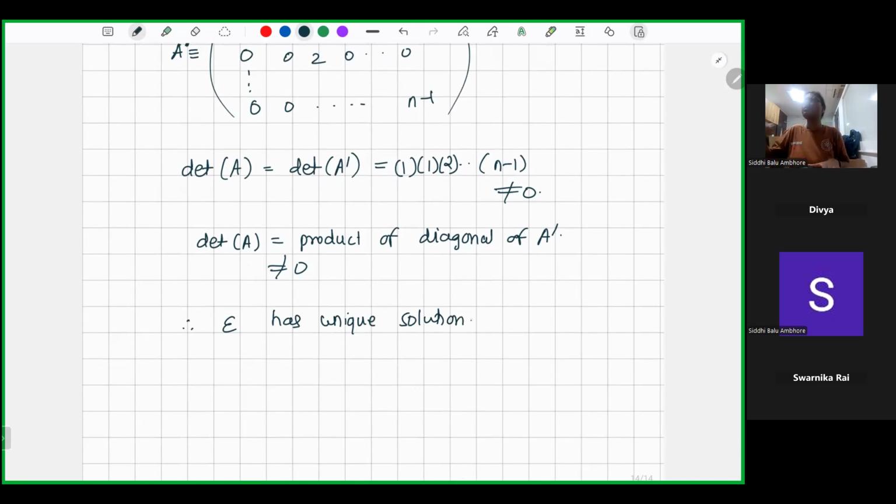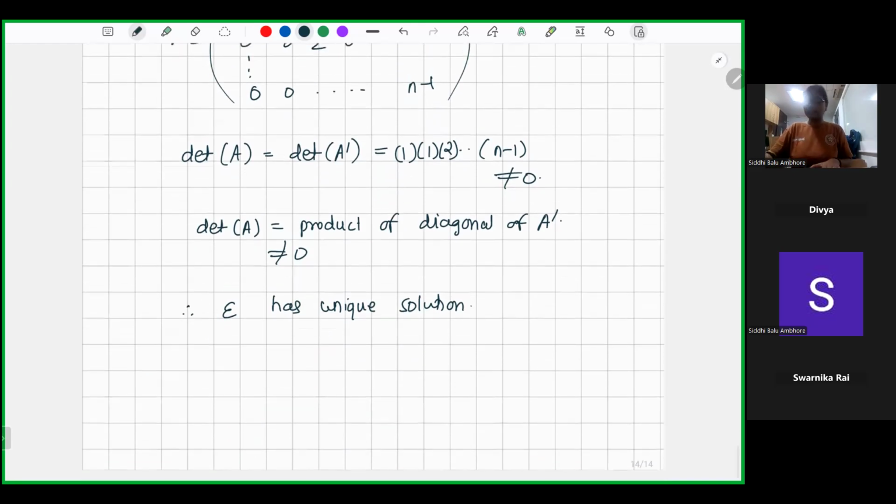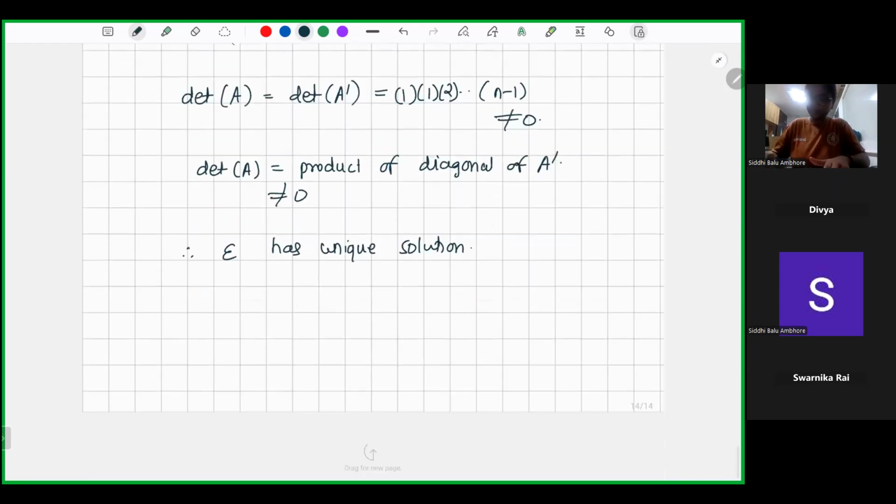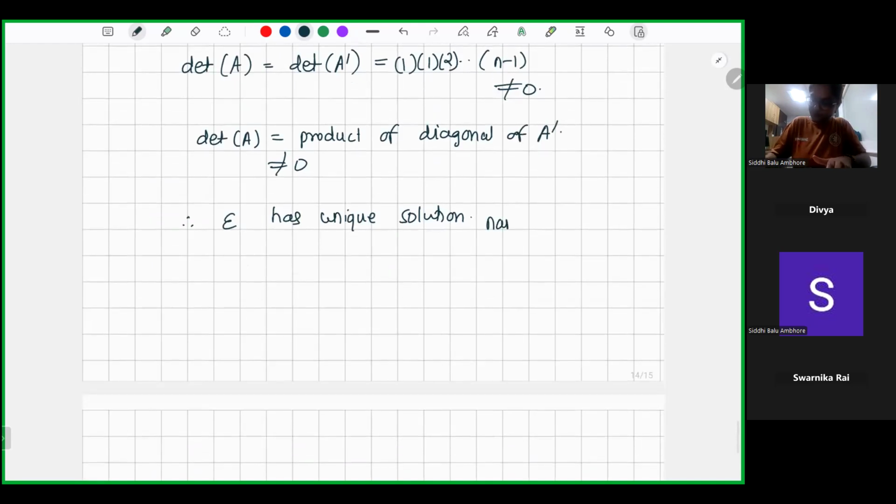And what is the solution which always exists in case of a homogeneous linear system of equations? It is 0, 0, 0.